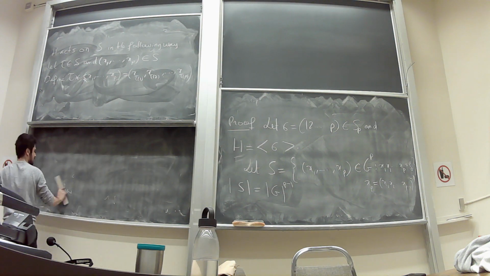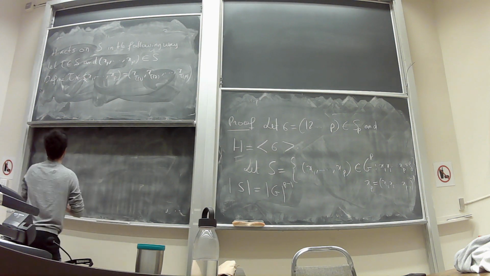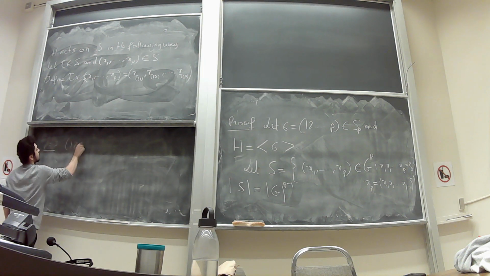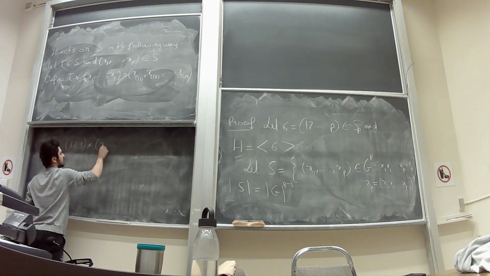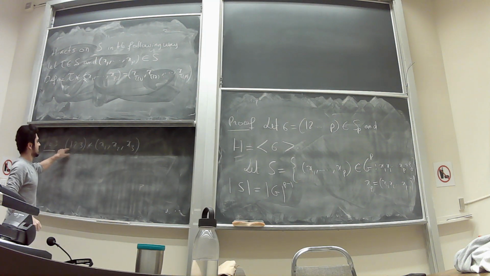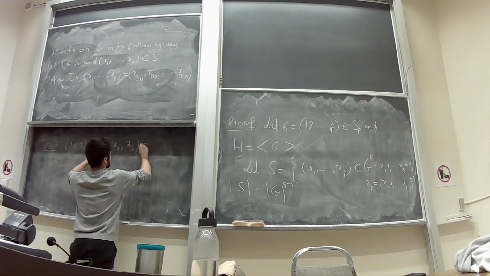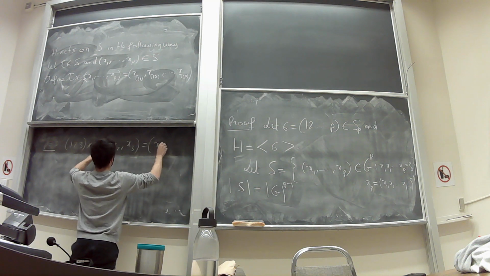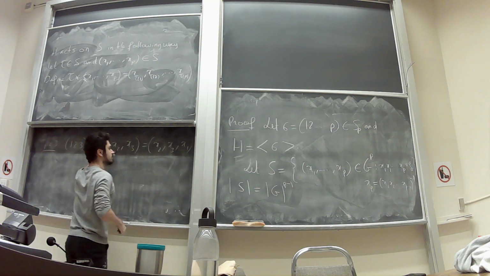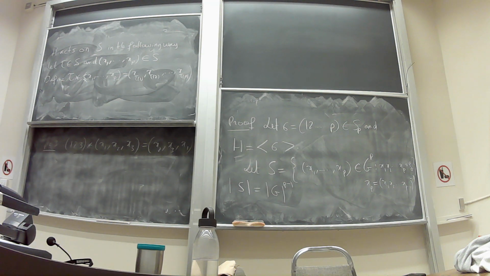You see, this action, let me give an example. What does it do? For example, for p equal to 3, (1 2 3) star (x1, x2, x3). This permutation sends 1 to 2, so you're just adding 1 technically. So this is just x2. Sends 2 to 3, x3. And this is just x1. Okay, this is what it's doing.